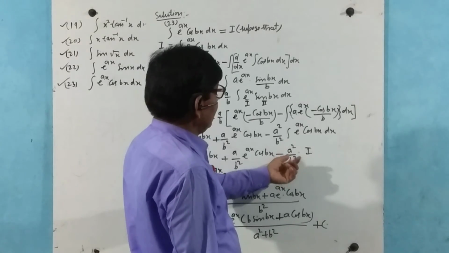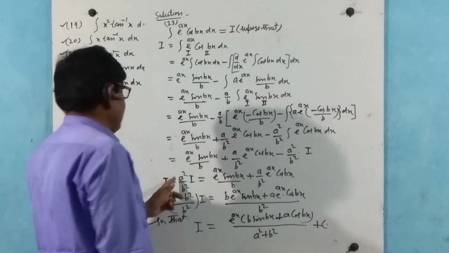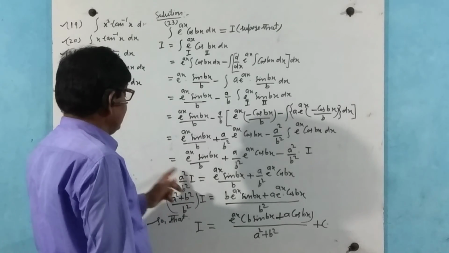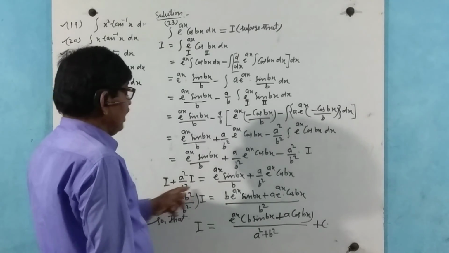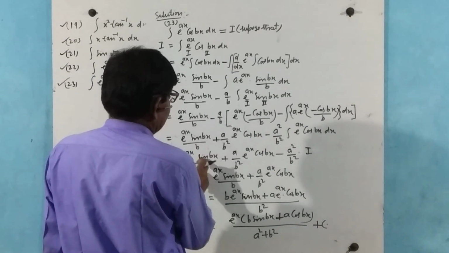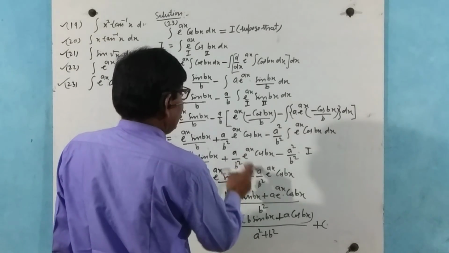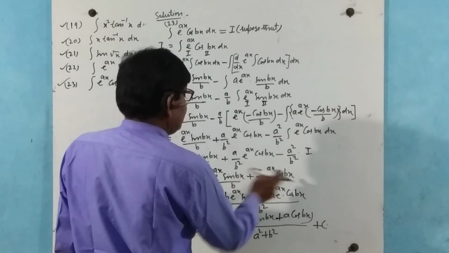After changing the sign to this side, the minus comes here as positive a square by b square I. This is equal to I, and this is a e to the power ax sin bx by b and a by b square e to the power ax cos bx.